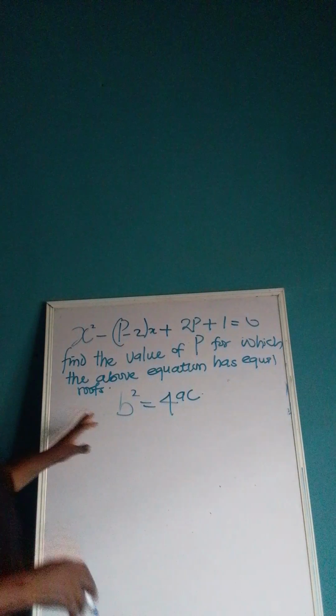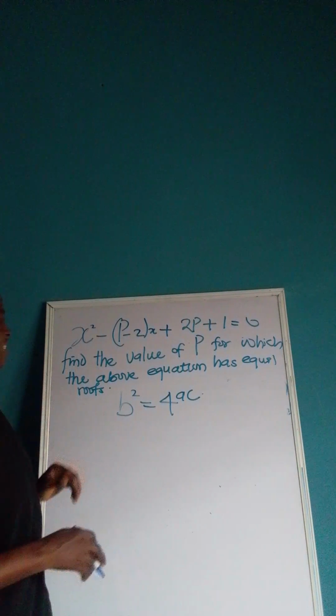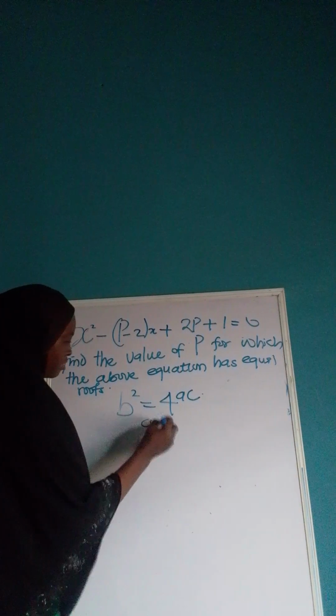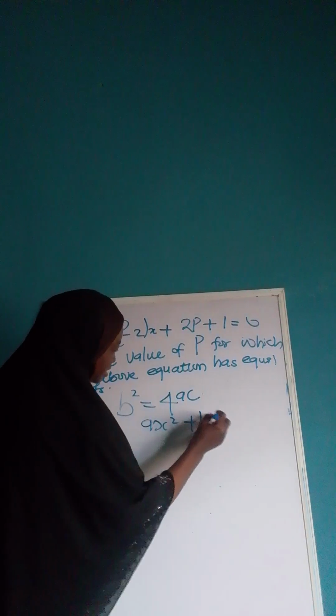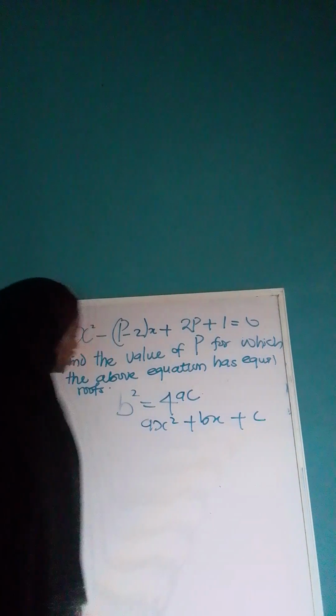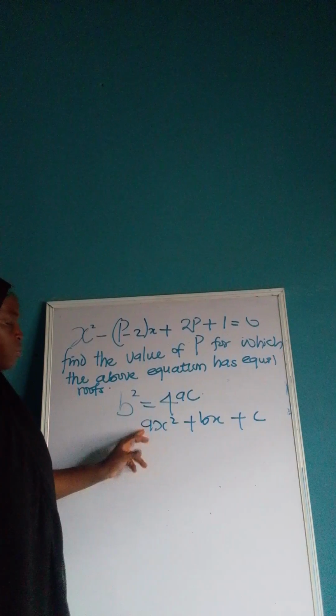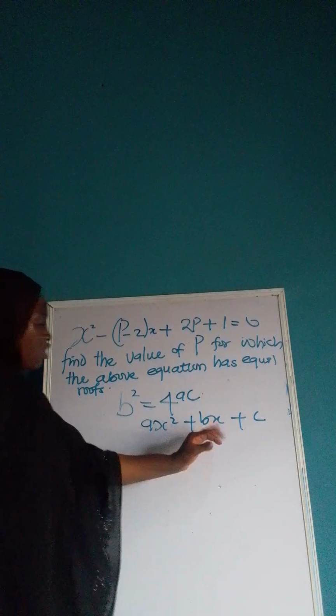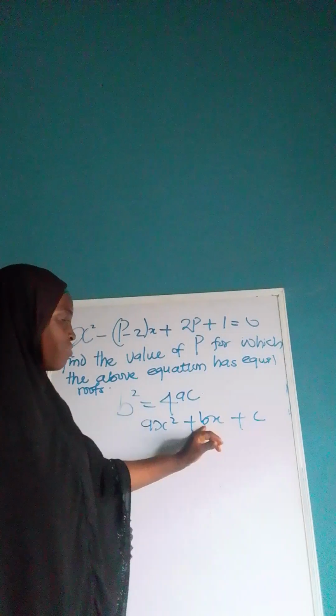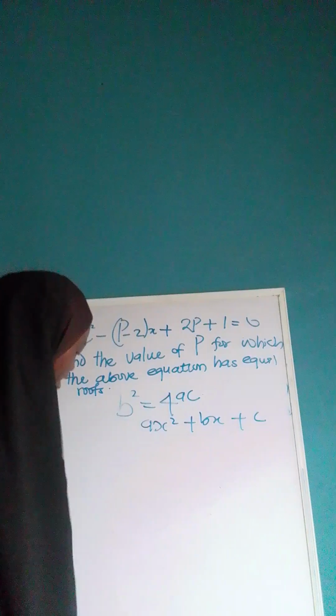So when you have a quadratic equation ax squared plus bx plus c, the coefficient of x squared is our a, the coefficient of x is our b, and c is our constant.